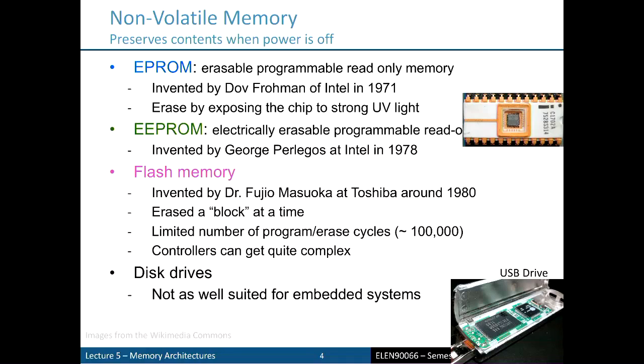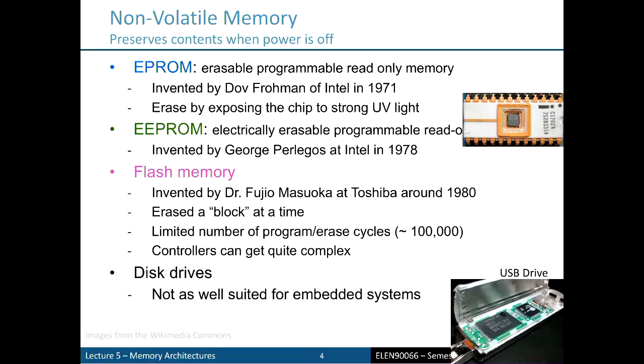We won't get into the nitty-gritty of how it's all laid out internally. We're going to be dealing with this from a level up, talking about the memory from a higher level. And flash memory has to be erased a block at a time due to the way it's structurally organised. You can't just erase one tiny bit at a time or even a byte at a time. You have to do it on a blockwise basis.